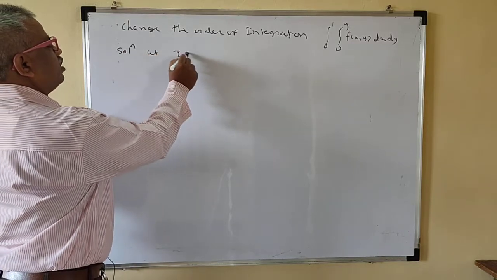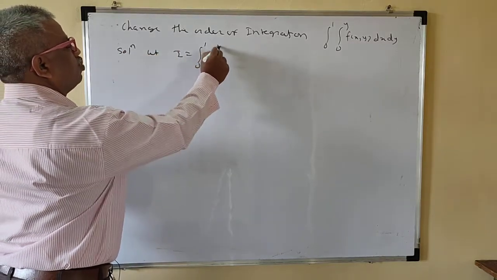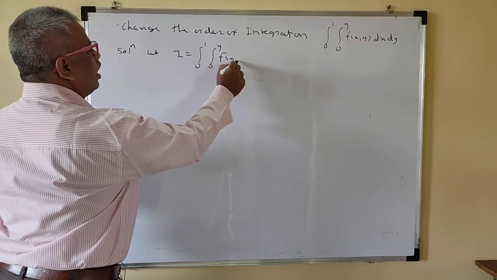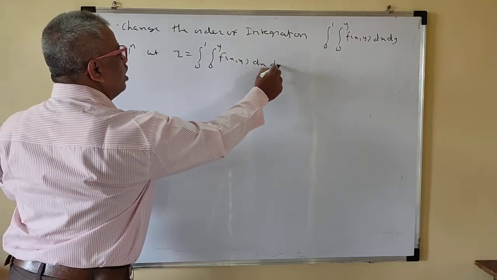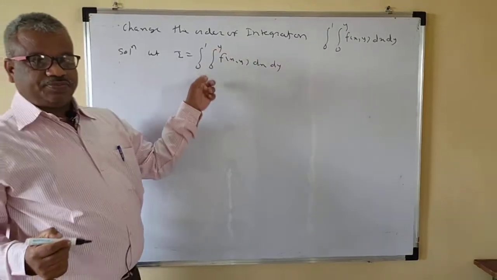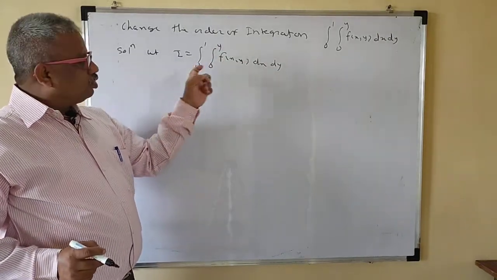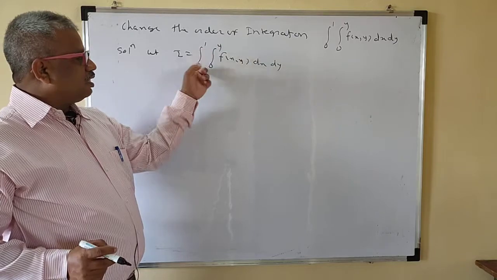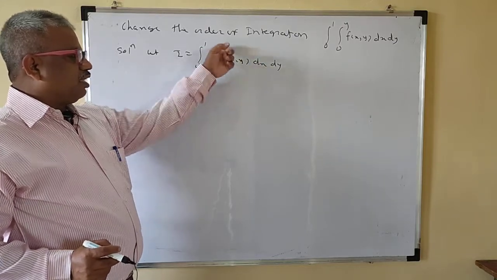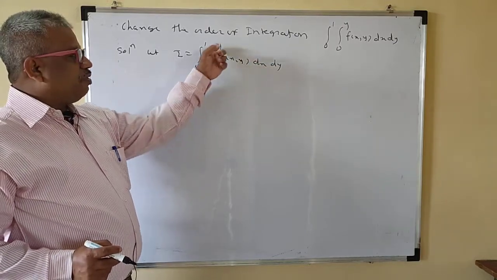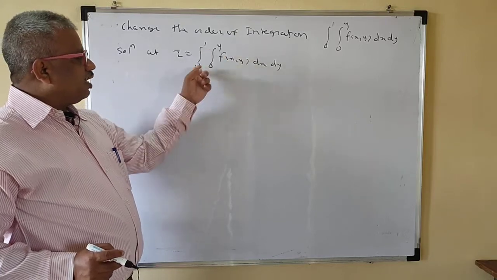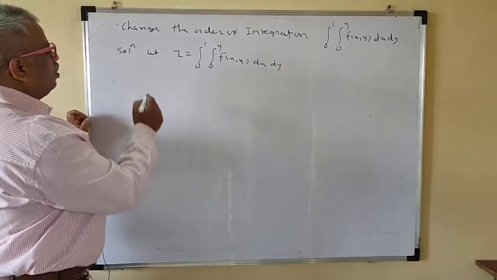Let I is equal to the integral 0 to 1, 0 to y, f of x y, dx dy. These are the limits of y and these are the limits of x. So we want to change these.